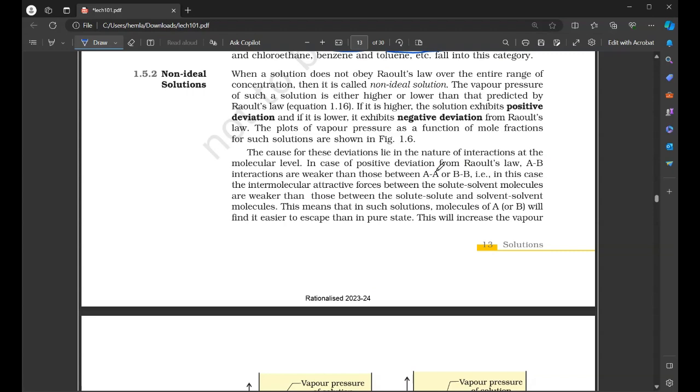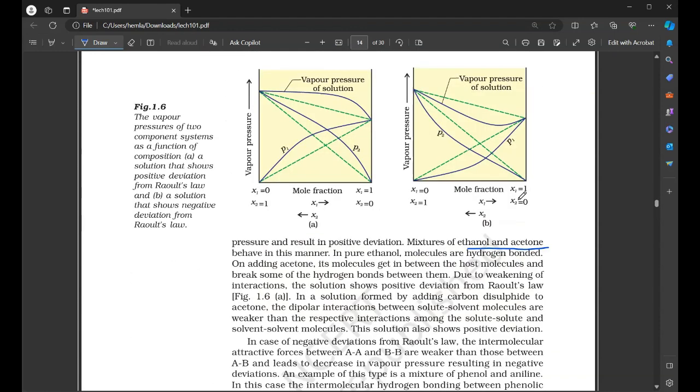Because they are weaker in such solutions, this will increase the escaping tendency, making it easier for molecules to escape. Just think that when the bonds become weak, vapor pressure increases, and they show positive deviation where it is higher pressure.